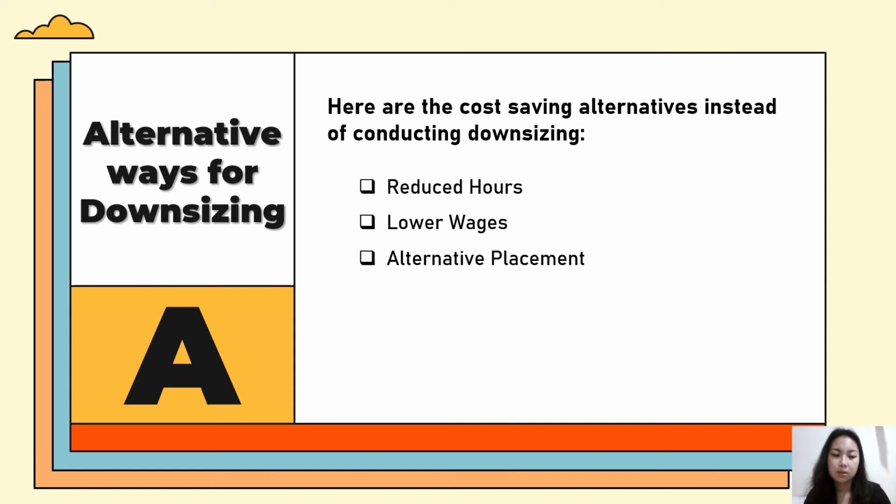Outplacement can also be an alternative wherein companies offer early retirement incentives to pension-eligible employees in a specific area. Next alternative is the leave of absence, where people are offered a leave of absence with full benefits for a specified period of time to help an organization fix a downturn.